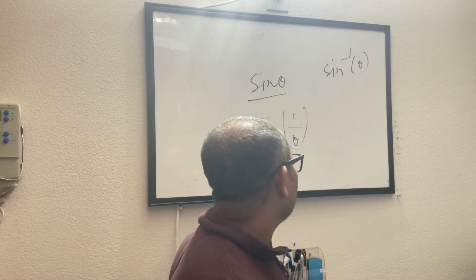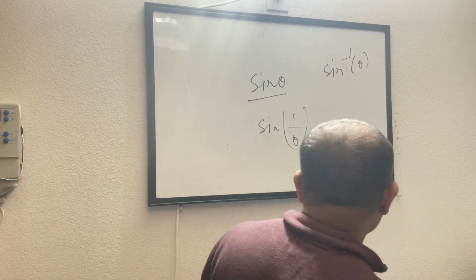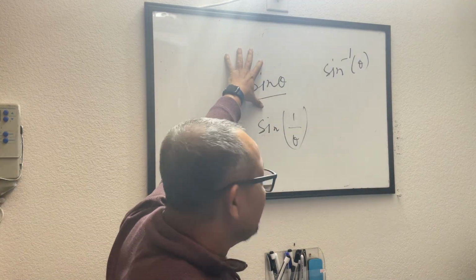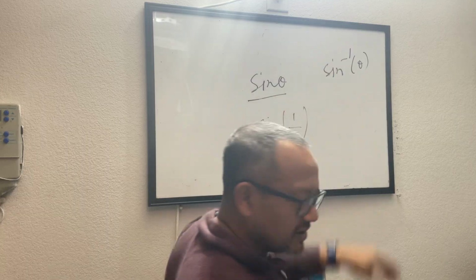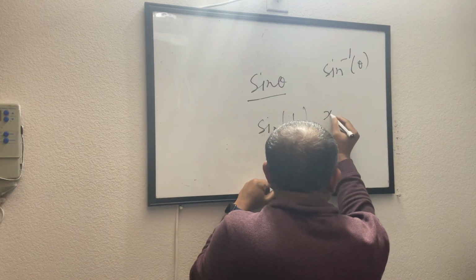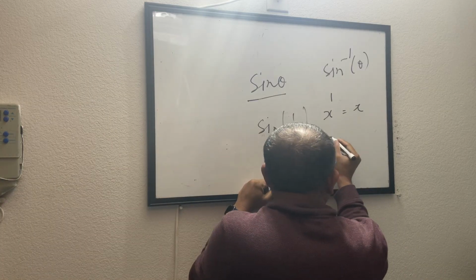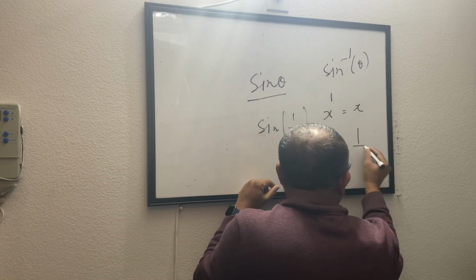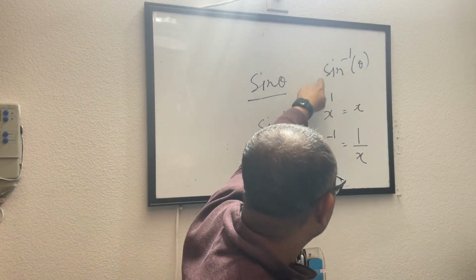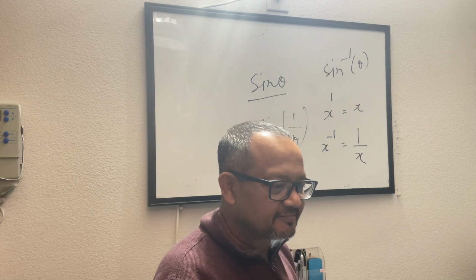And then, Praneeth and Vishal, since you guys are saying that if sine of theta is a trig function, inverse trig function will be something like this. Now, help me understand this. If I say x to the power 1 is x, if I say x to the power -1, it becomes 1 over x, correct? So how is this different from this interpretation? Give it a try.